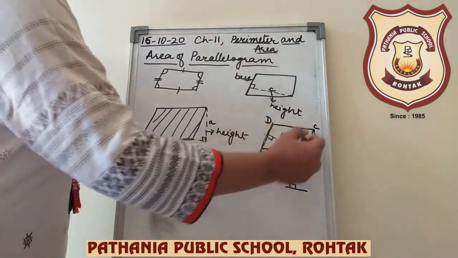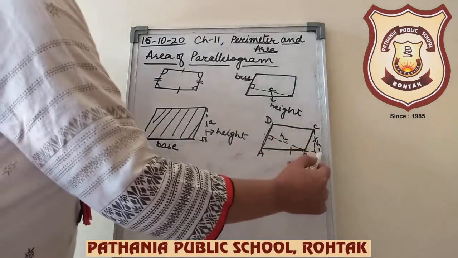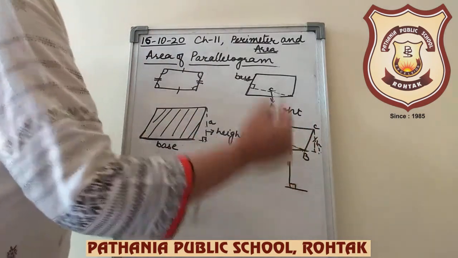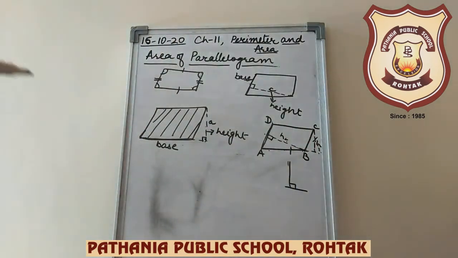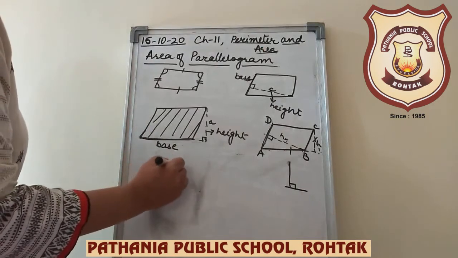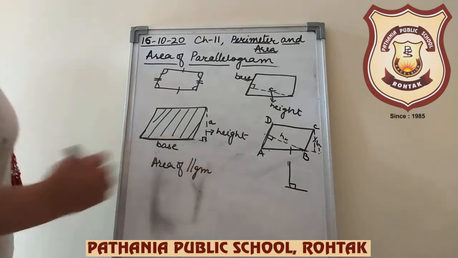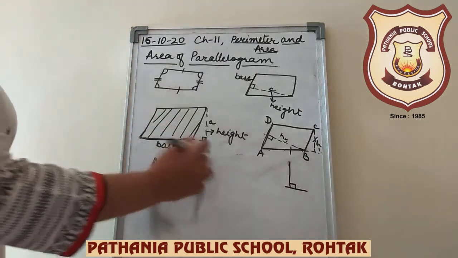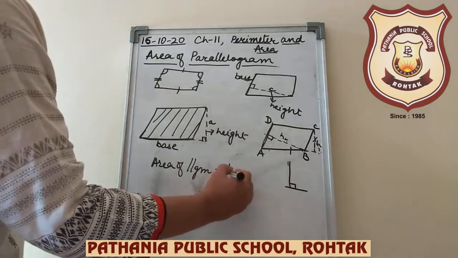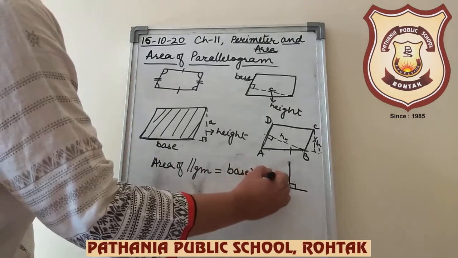The area of this parallelogram is going to be the same whether I take height h1 or height h2. Now the area of a parallelogram, we write it like this, two parallel slant lines, is base multiplied by height.